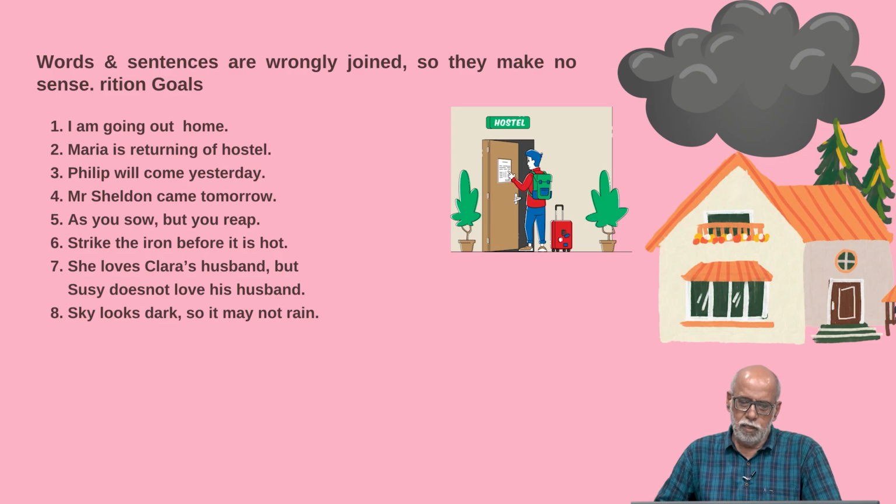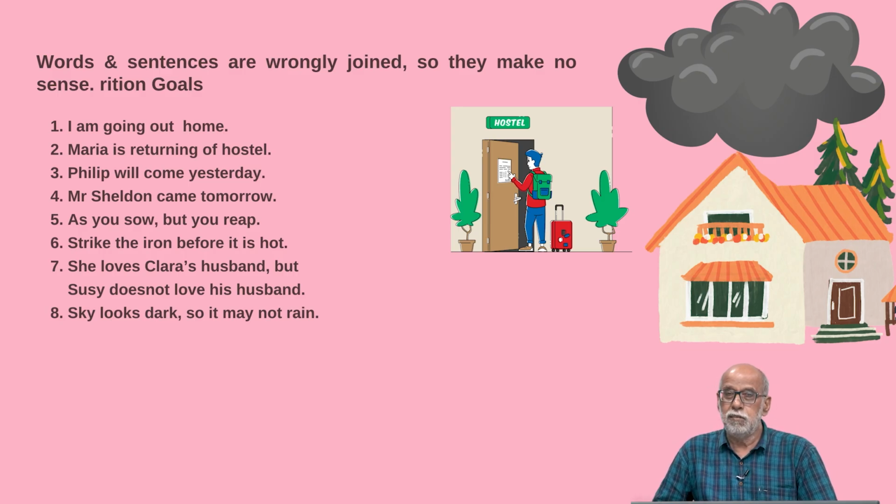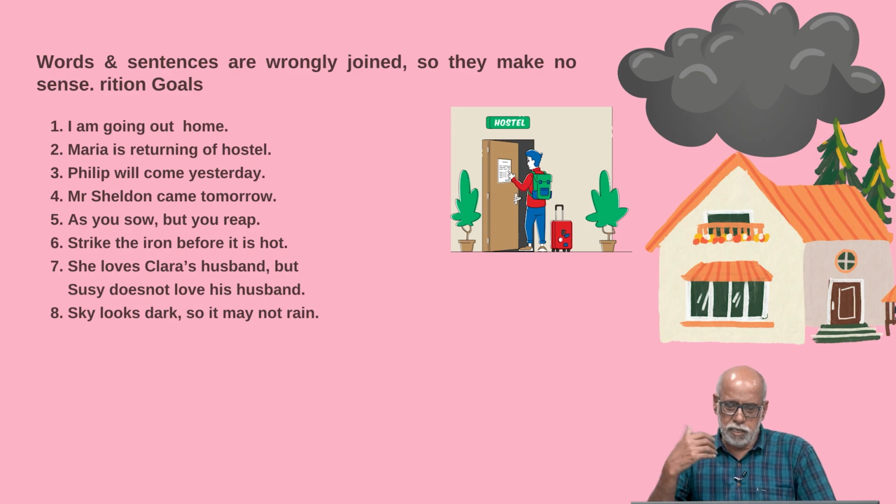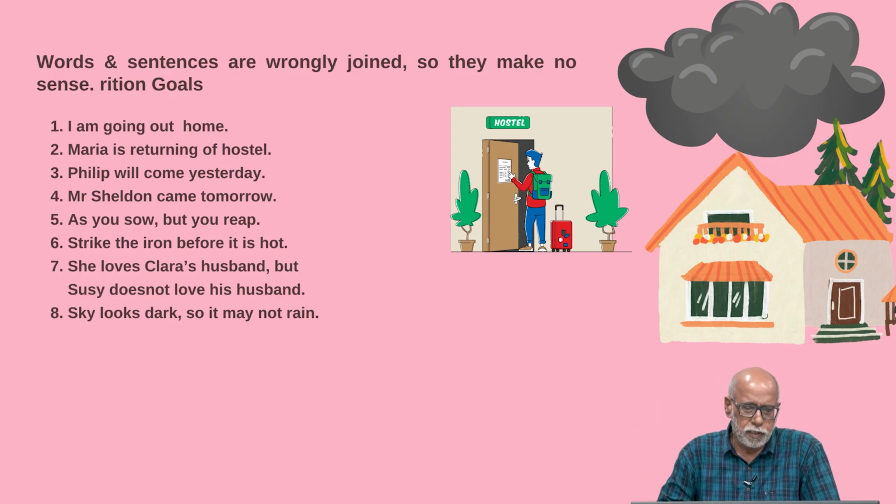Will come or is coming is possible in the future or in the present. But came tomorrow is a misleading thing, or will come yesterday is equally misleading. You cannot say they will come yesterday. You can only say they came yesterday.